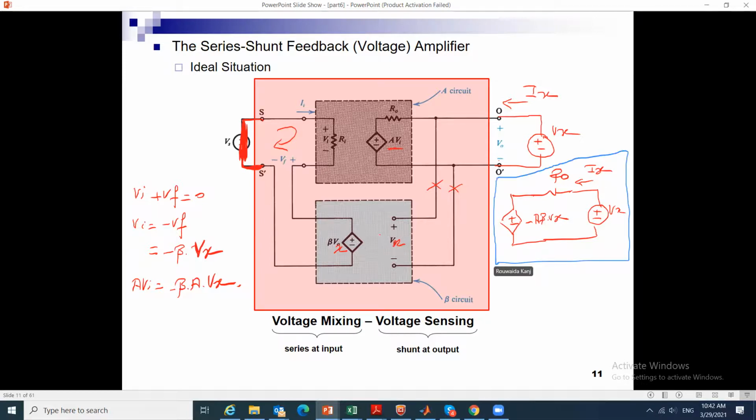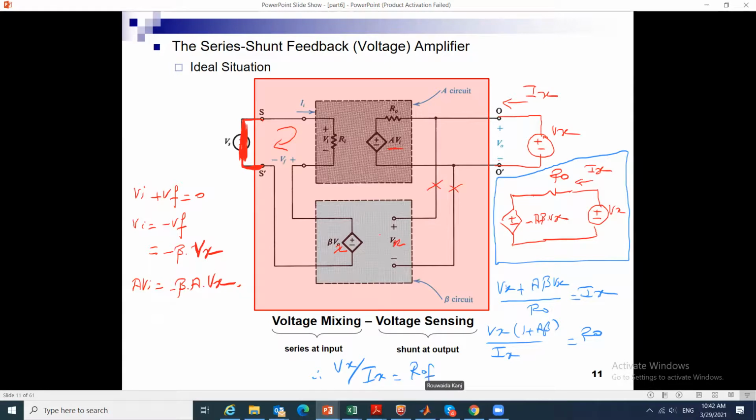So I can now say Vx minus A beta Vx, that means plus A beta times Vx, over Ro is equal to Ix. Therefore, Vx into 1 plus A beta, I will bring Ix here, is equal to Ro. Therefore, Vx over Ix, which is the ROF, is equal to Ro over 1 plus A beta.